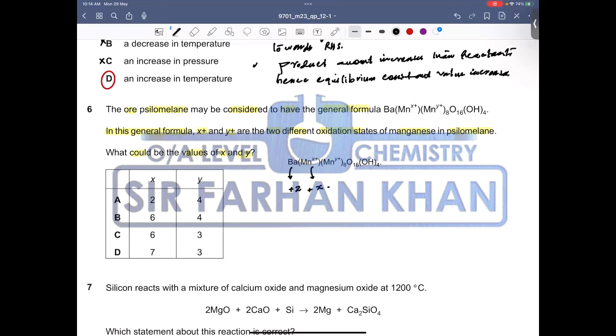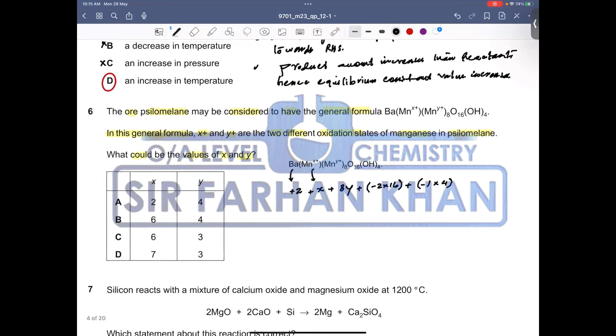Just write X plus. Now this is Mn, it has 8, and this is Y plus. So we can write 8Y, plus oxygen found in group 16 of the periodic table, and it has a 2 minus charge. So we have 16 oxygen atoms, so into 16, plus OH has an overall charge of -1. We have 4 OH, so into 4. Since this mineral is neutral, it has no charge, which is equal to 0.